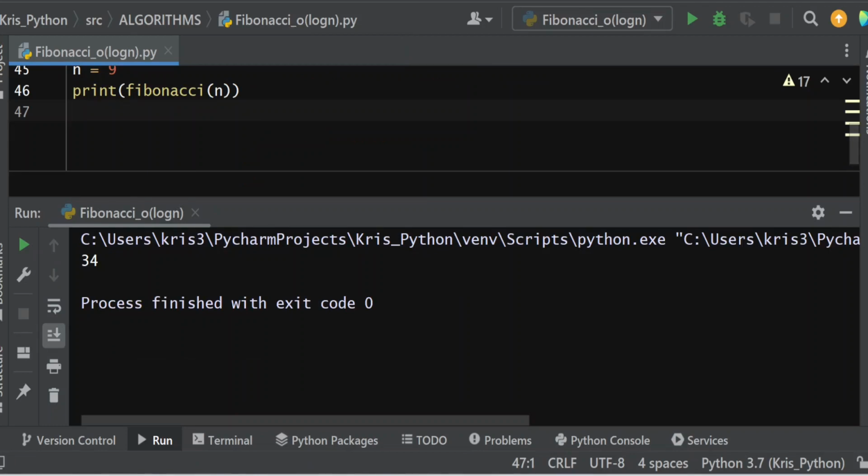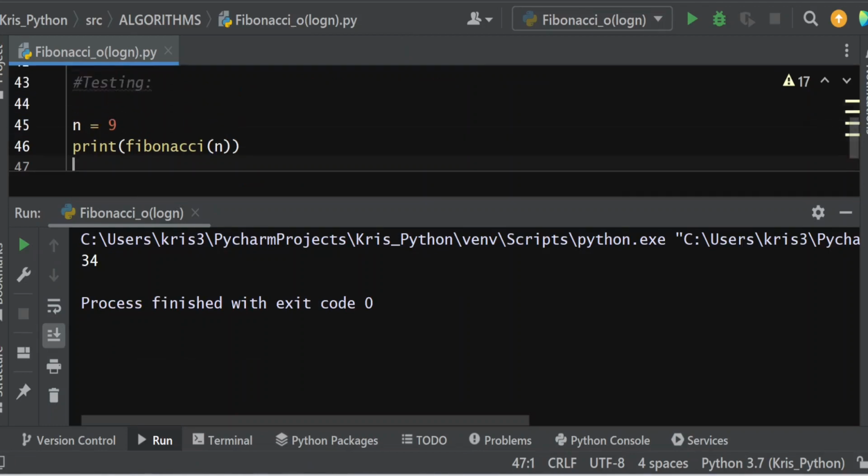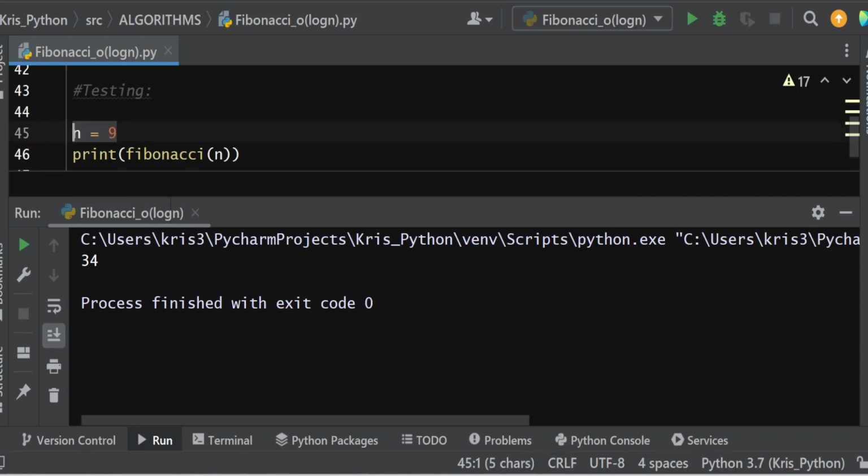Okay, so the value of the nth Fibonacci number when n equals 9 is 34. Let's just verify that it's correct.